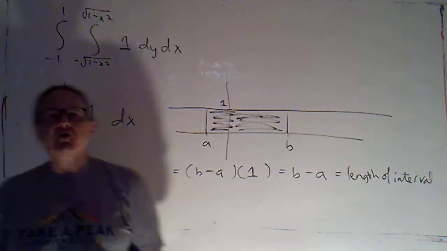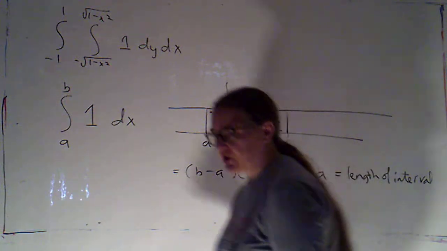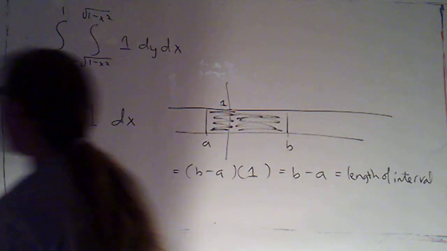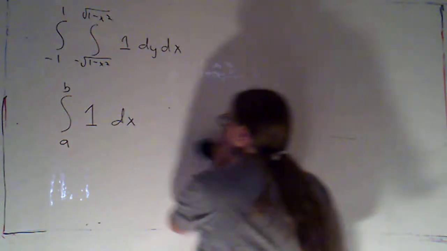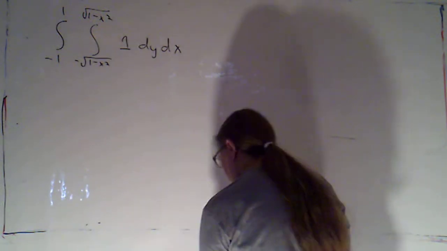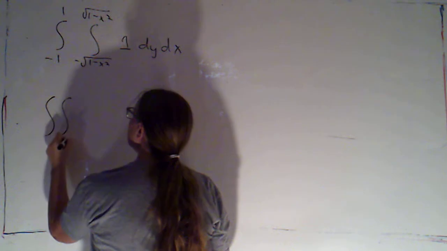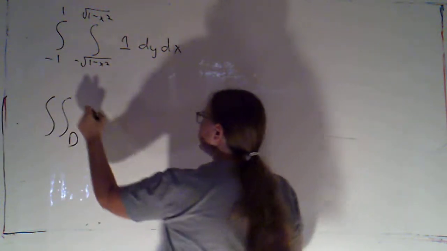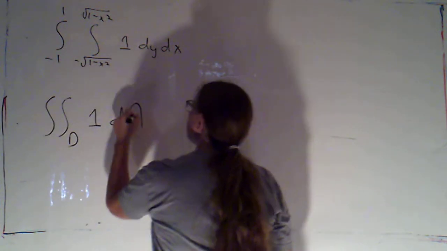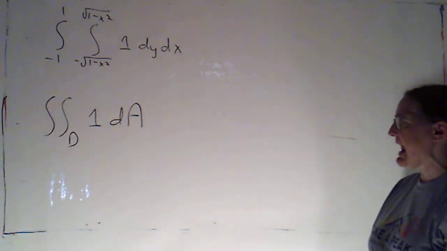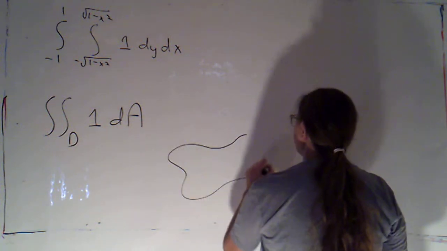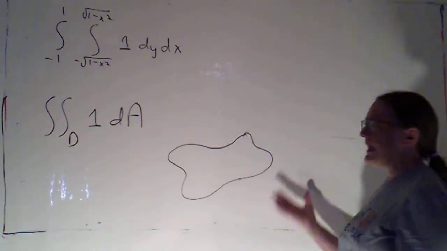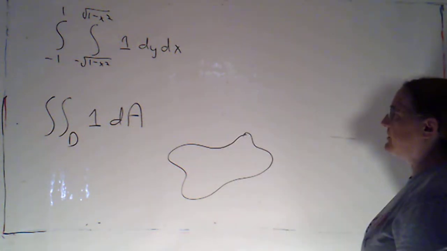So we'll have something similar if I have a double integral with 1 as my integrand. I can think of that geometrically as well. If I have the region D and my integrand is 1 and I'm integrating that dA, well, D is going to be some sort of a region in the xy plane. I don't know exactly what it looks like.